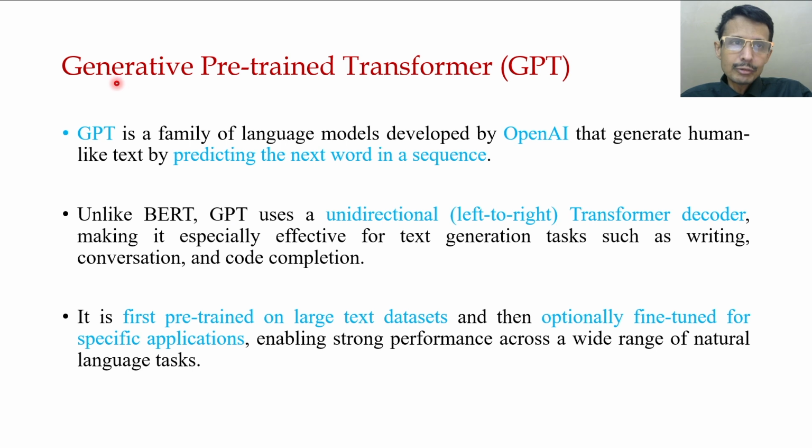GPT, the full form of Generative Pre-trained Transformer, is a family of language models developed by OpenAI that generate human-like text by predicting the next word in a sequence. So it essentially predicts the next word.